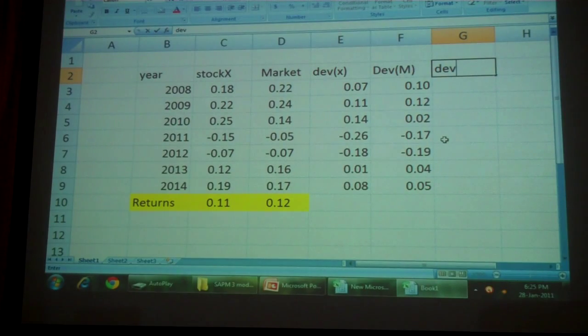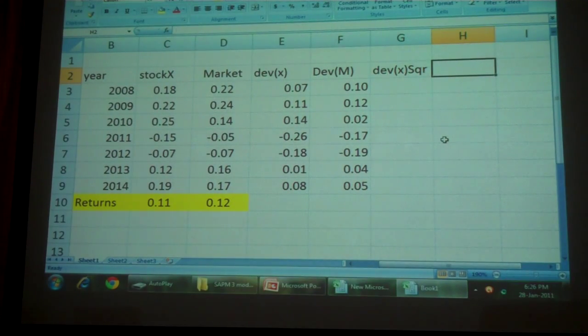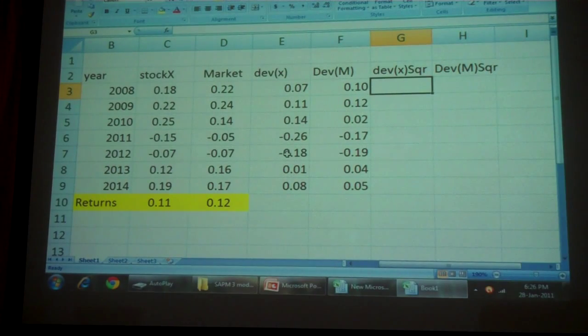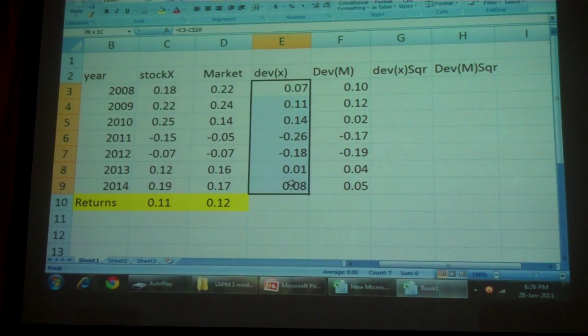Now what do I do? Deviation of X square. In the same way, deviation of market square. You know why we do deviation squares? To remove these negative numbers. We have discussed this. If you look at these numbers, I will select this deviation of X. Just look at this. Average is how much? 0.